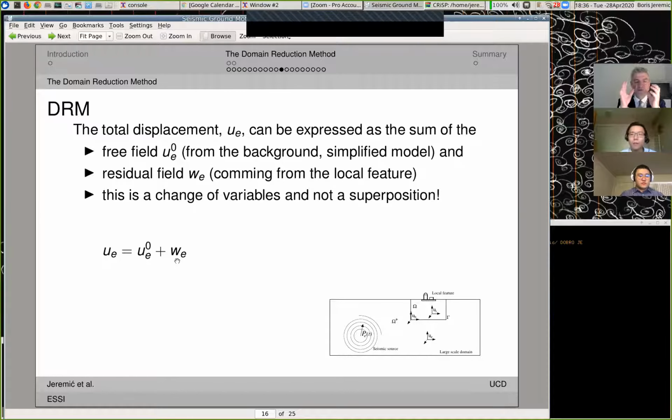So the displacements on the outside are now made up of displacements from the free field when there's no structure and an additional field, the so-called residual field, that is present because the structure oscillates and sends a little bit of additional waves outside. Again, this is not superposition for the whole system. This is just superposition for the outside. In fact, it's a change of variables for the outside.